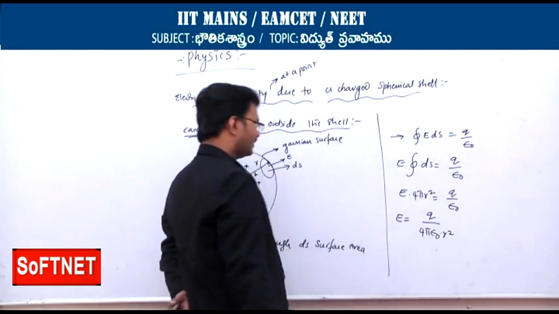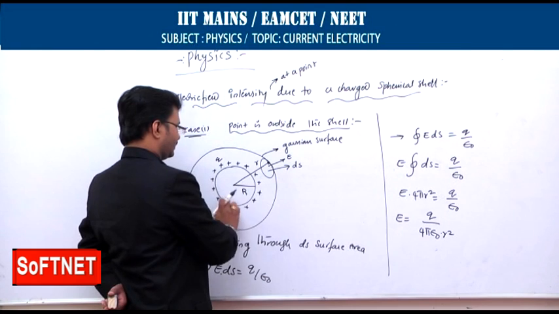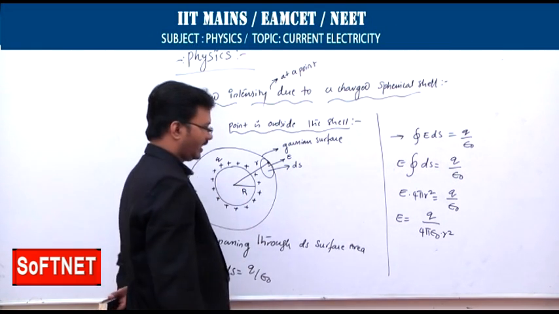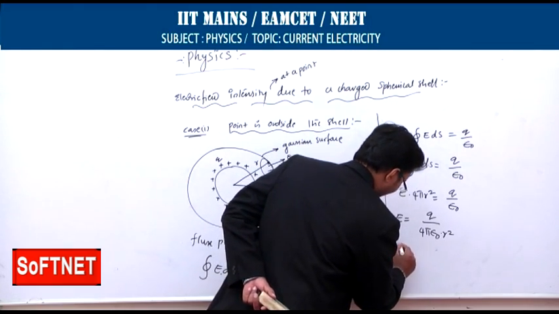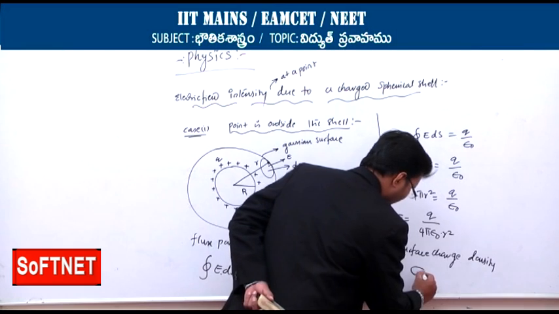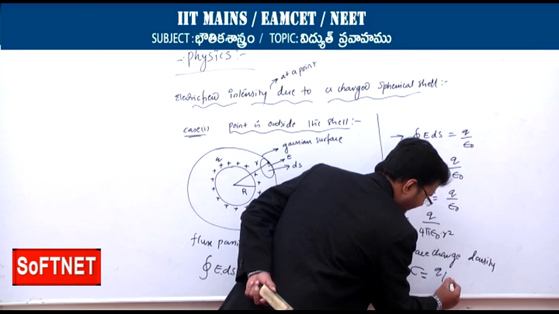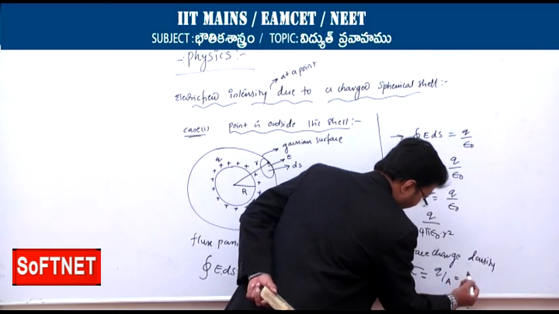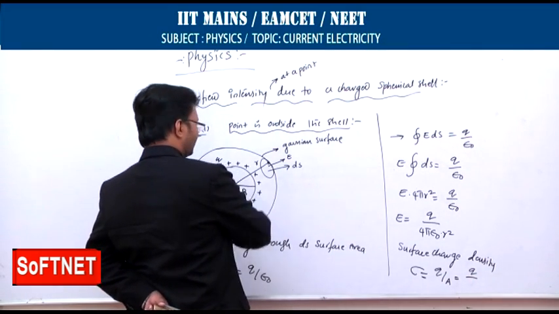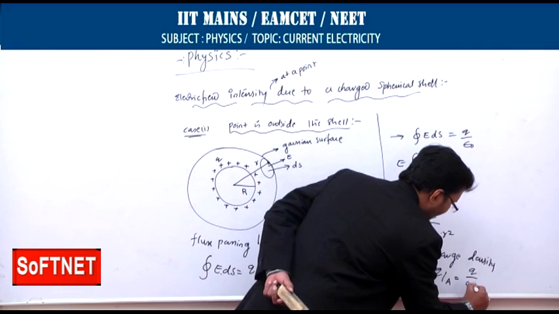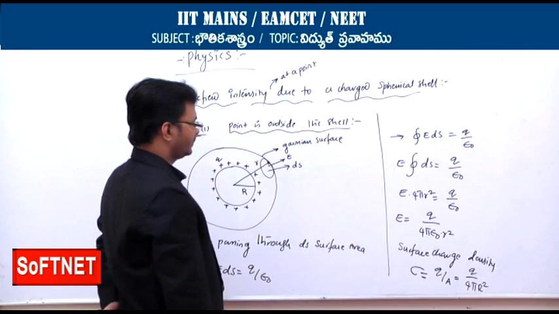Here Q is the charge existing on the spherical shell of radius capital R. Now, the surface charge density sigma is equal to Q by surface area, which is equal to Q by the area of this sphere, that is 4 pi capital R square. Now substitute there.